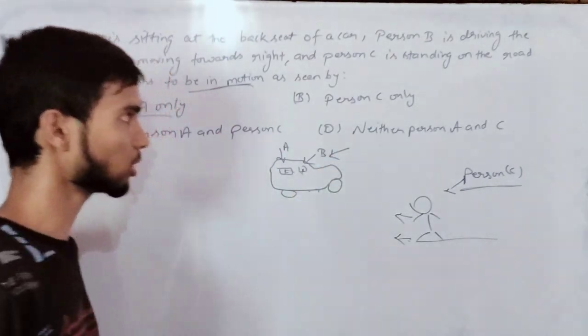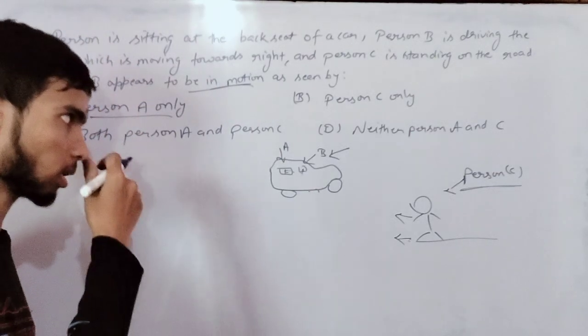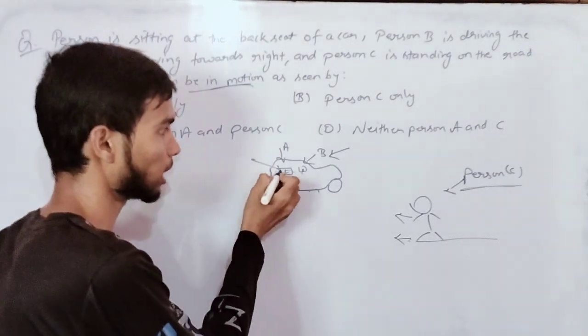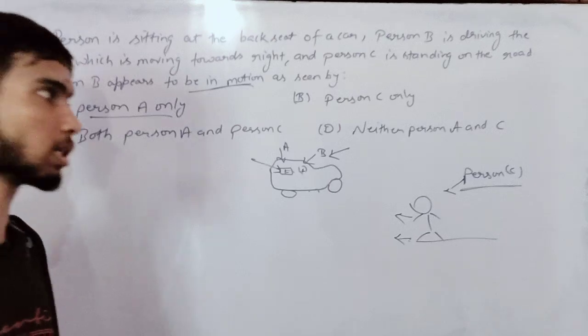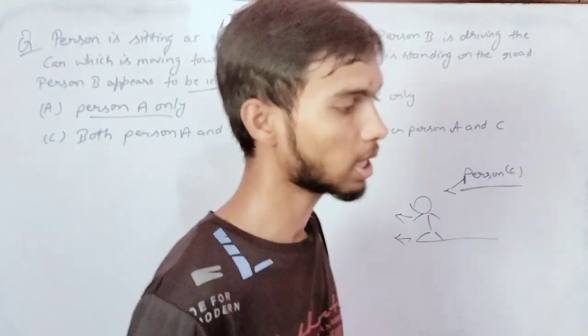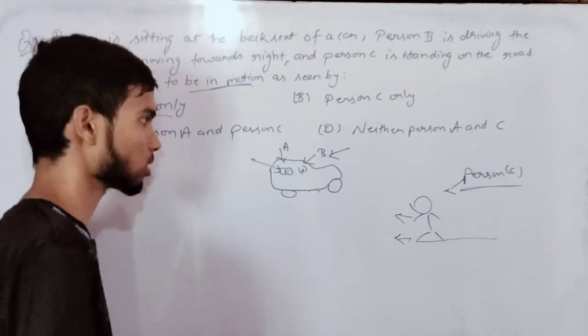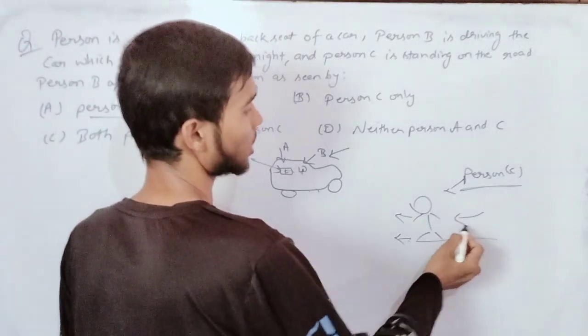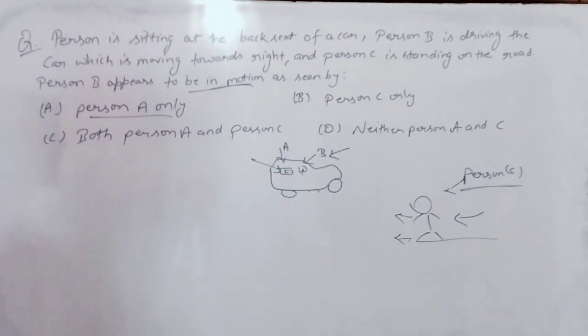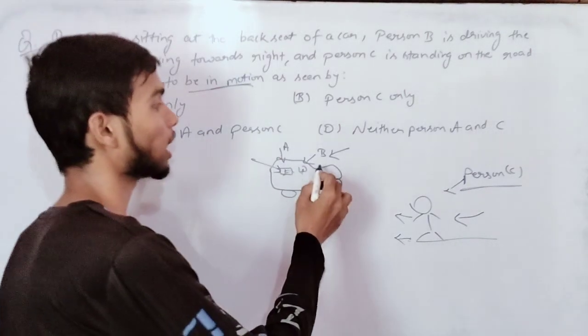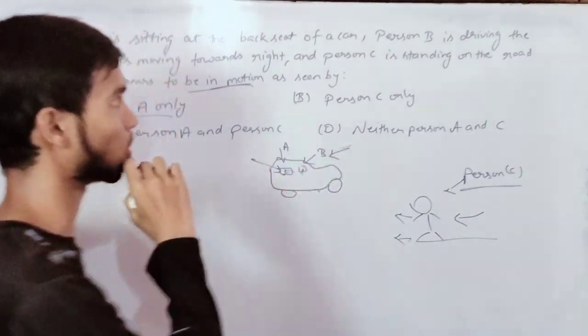If we take person A as an observer, then of course person A will say that person B is not moving. If we take person C as an observer, then of course C would say both are in motion, even B is in motion.